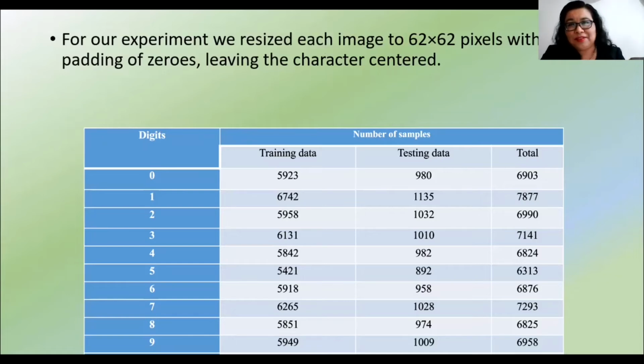For our experiment, we resize each image to 62 by 62 pixels with a padding of zeros, leaving the character centered. The total number of instances in the training and test sets are distributed equally among the 10 classes, as shown in the table.